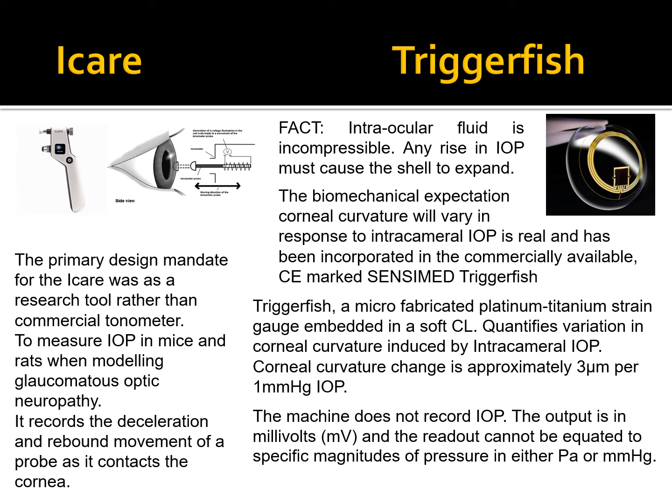So it quantifies variation in corneal curvature induced by the intracameral IOP. It's very, very subtle though, and it does not record IOP at all. Its output is in millivolts, and the readout cannot be equated to specific measures of pressure in either pascals or millimeters of mercury.